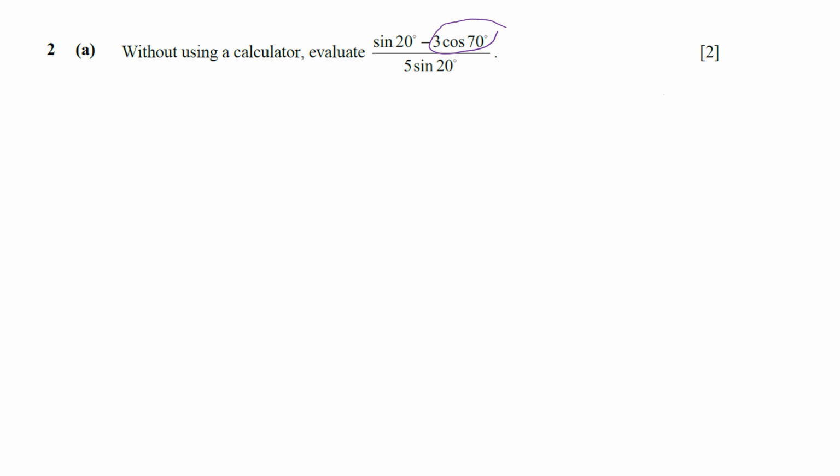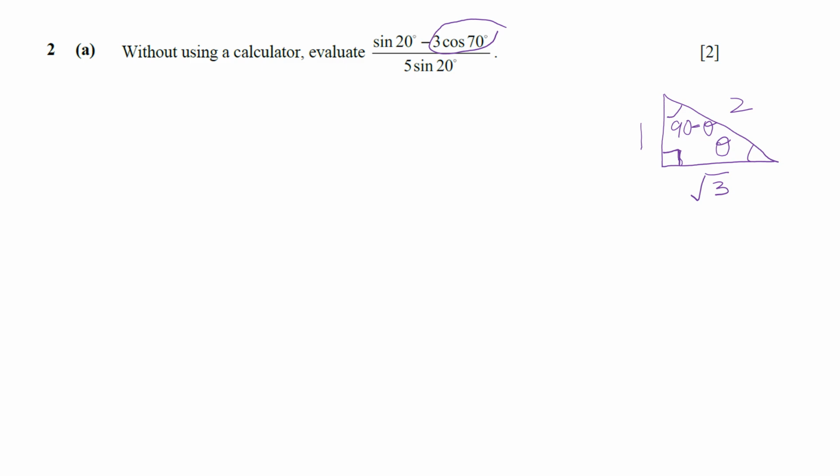If you were to recall, we learned this trigo ratio in chapter 10, trigo functions. If you were to remember this, sine theta is half. If you use Pythagoras theorem, this will give you square root 3, and this one is 90 minus theta, right?